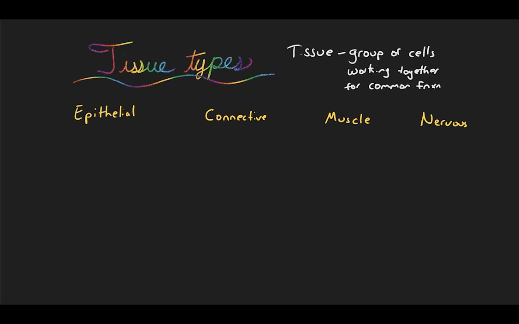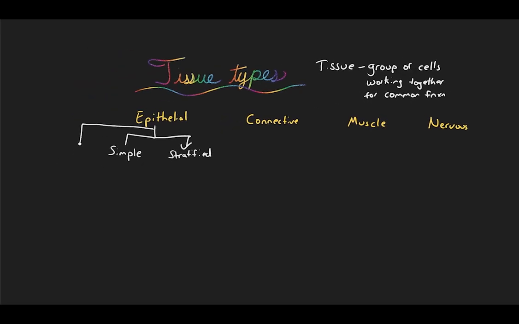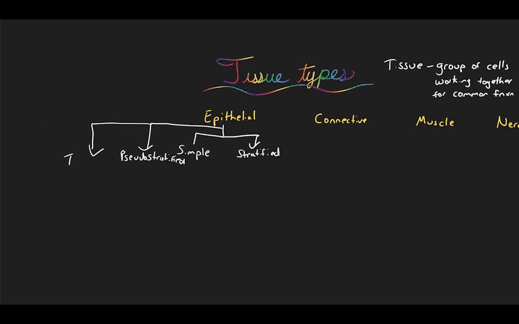If we look at epithelial tissue, the different types of epithelial tissue are what we refer to as simple and stratified. Now, there's actually a sort of off category known as pseudostratified, and there's another one known as transitional.